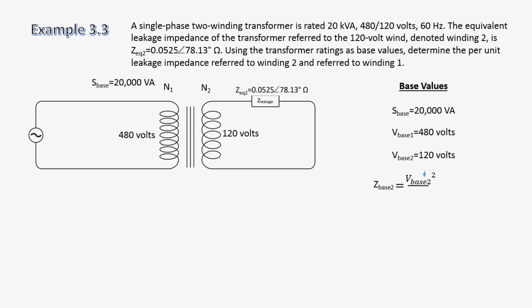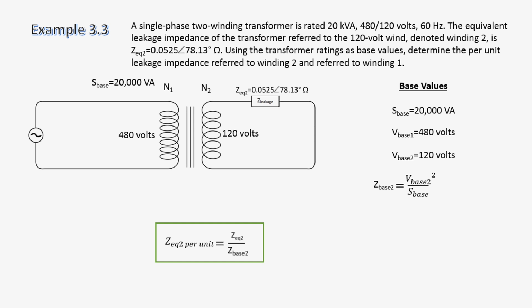So we use V base 2 squared over S base, because that's conserved, and that gives us Z base 2. We can use that now to find Z leakage per unit. To get Z leakage per unit, we take the Z leakage value and put that over Z base 2. And that is Z equivalent 2 per unit.